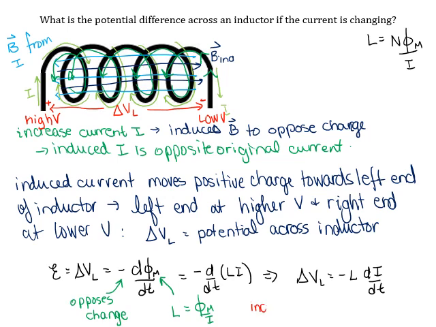So if we increase the current, then our change in current with respect to time, dI/dt, is positive, and that means the induced potential will decrease when you move in the same direction as I. So the induced potential decreases in the direction of I. A little bit of shorthand there, but hopefully that makes sense.